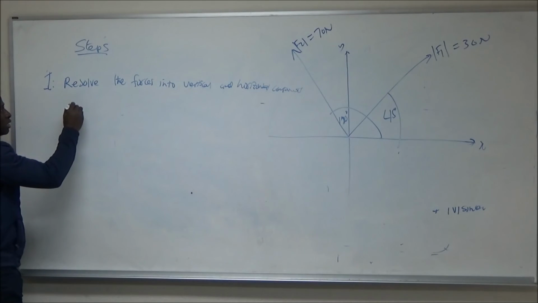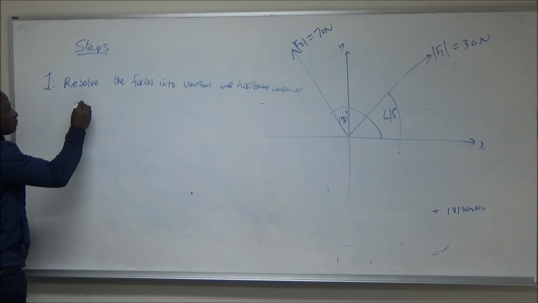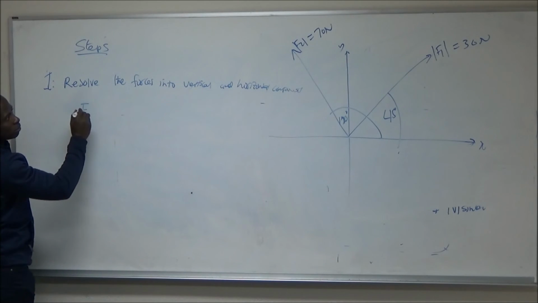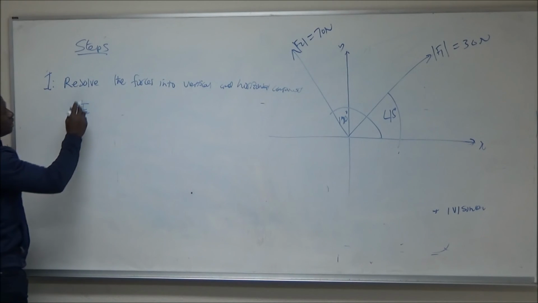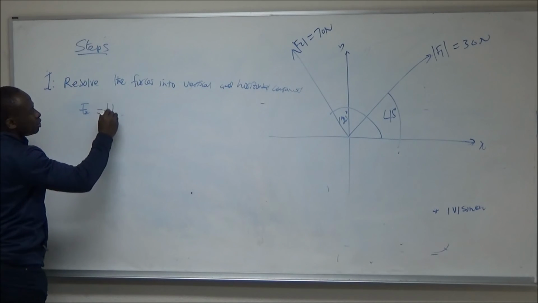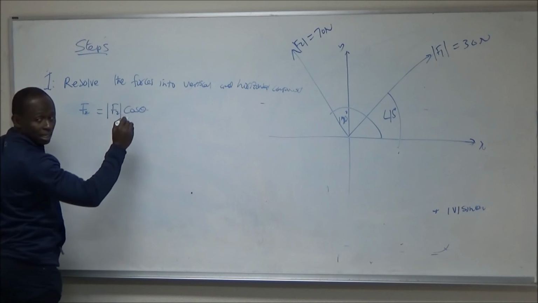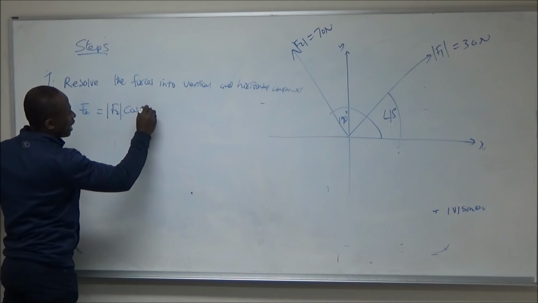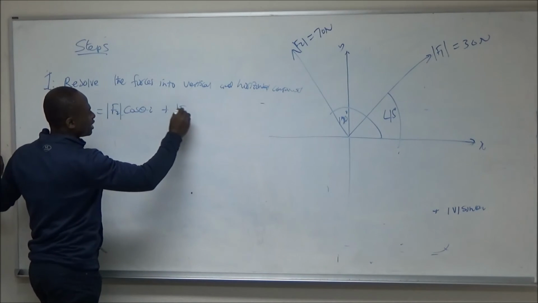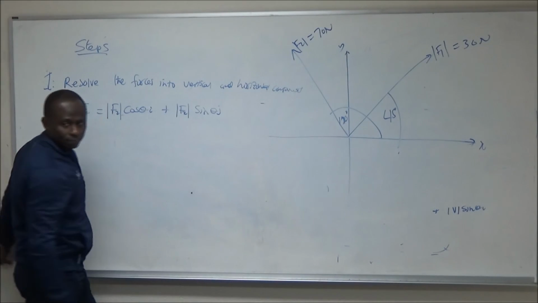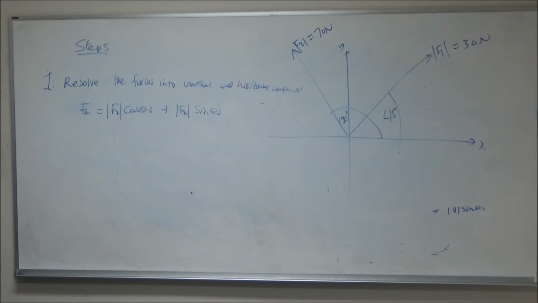So let's do that. The vector F2, not the magnitude, this is a vector, is the magnitude of the vector F2 cosine of the angle, times i, plus the magnitude of the vector F2 sine of the angle, times j. We know the angles, so we're just going to use them.